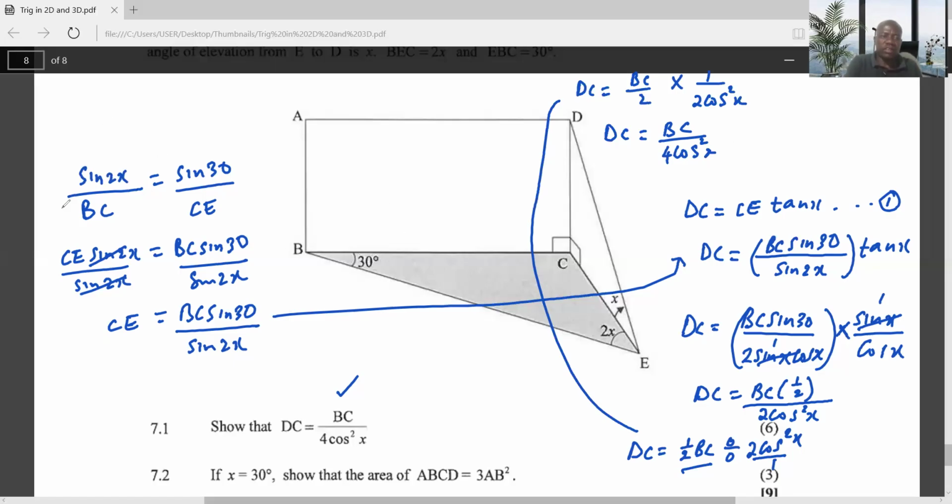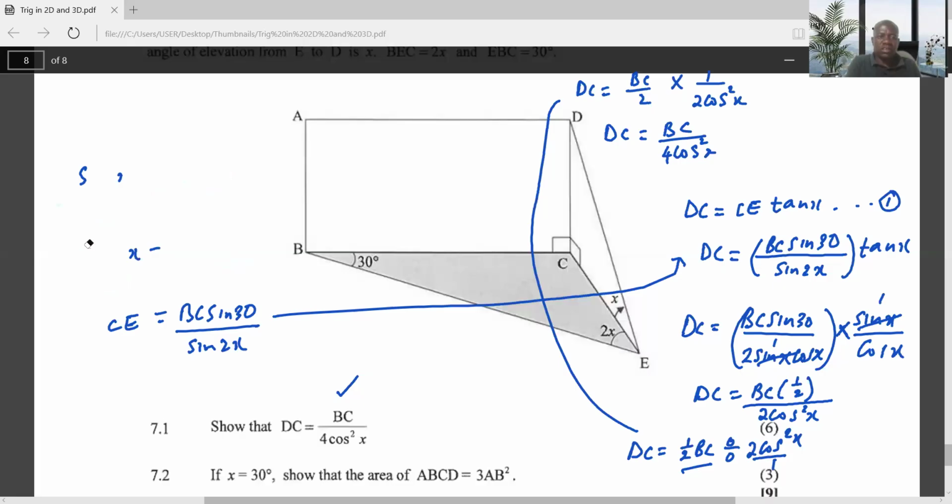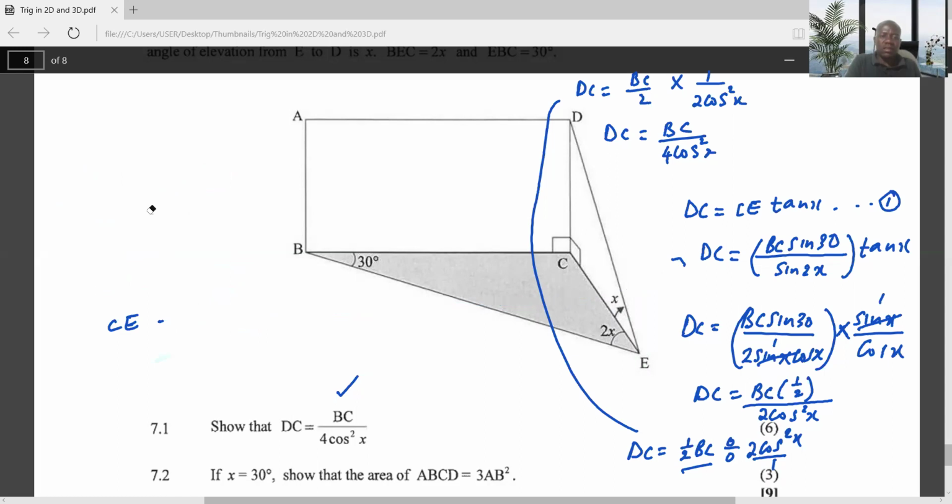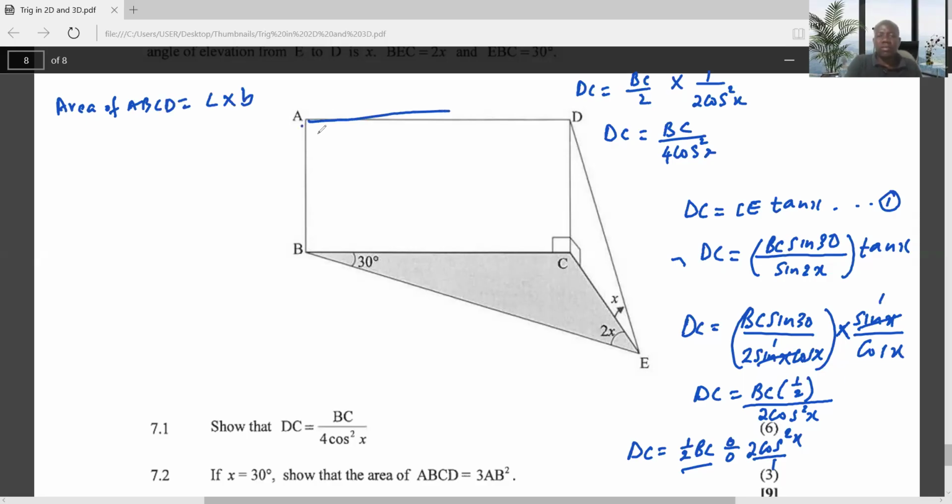Okay, we have answered the first one. The second one says if x is 30, determine the area of ABCD. Now to calculate the area of ABCD, guys, it's a rectangle. The area of ABCD is just the length times breadth, one side multiplied by the other.